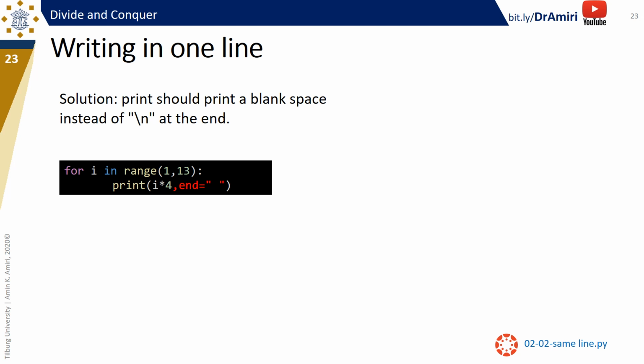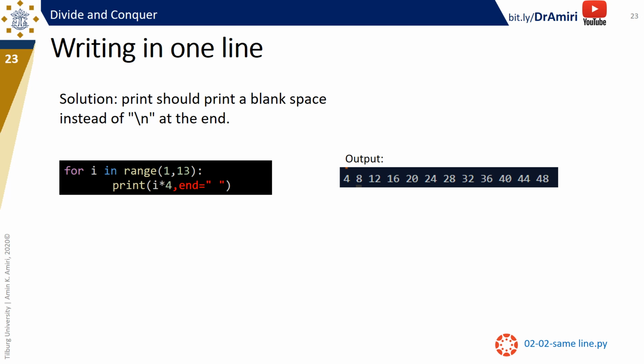You can do that by giving a second argument to the print function. So you see the red line, just add a comma and say end equal to, with inside two quotation marks a blank space. You're telling print to not go to the next line, but only add a blank space at the end of printing whatever it has to print.